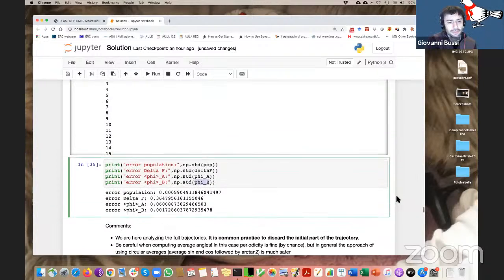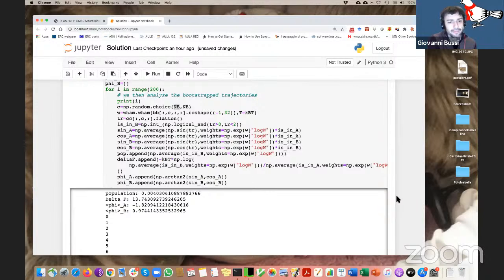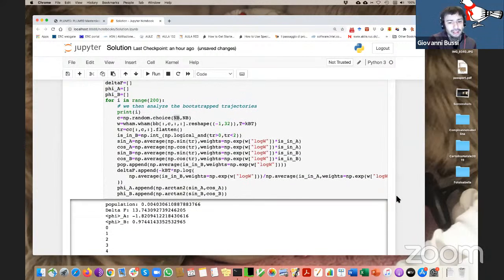So one question that you asked before is why do we use bootstrap even though we have correlated data? People are always confused by this, because you learn from books that bootstrap is only valid if you have uncorrelated data.